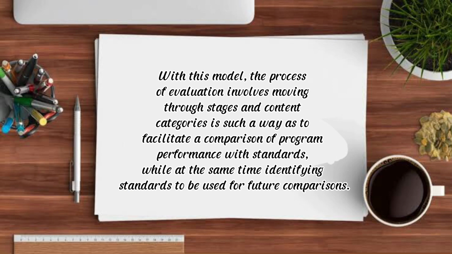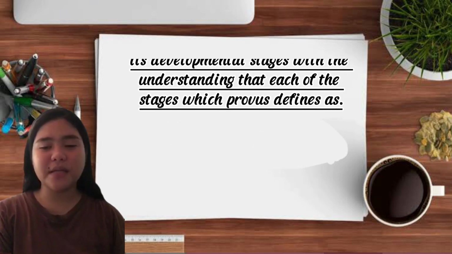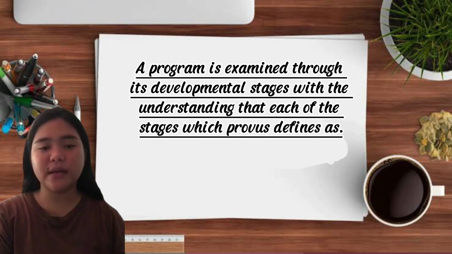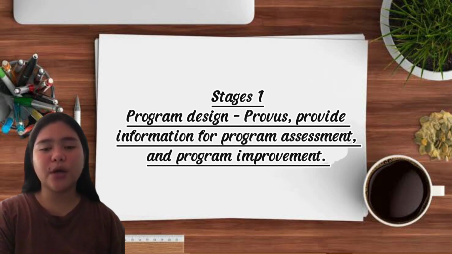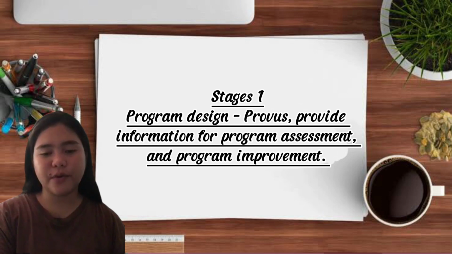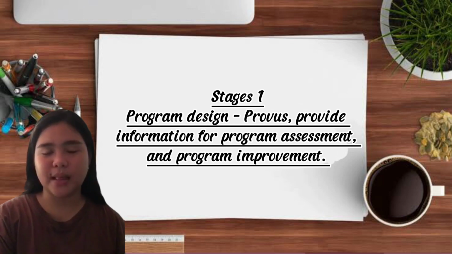Stages of DEM. A program is examined through its developmental stages, with the understanding that each of the stages is defined as follows. Number 1. Program design. This stage provides information for program assessment and program improvement.